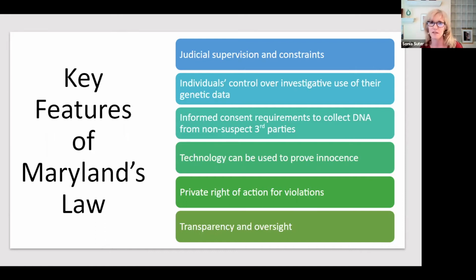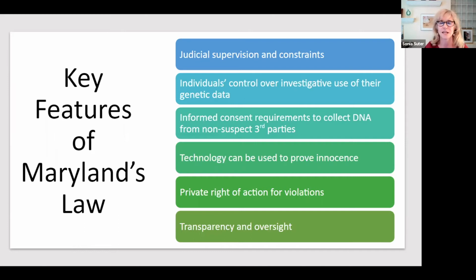And I think this group will find this next part really interesting, and I was really pleased with this. It requires genetic counselors to train law enforcement officers about how to appropriately obtain informed consent from non-suspect third parties.